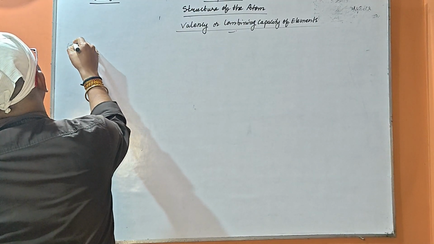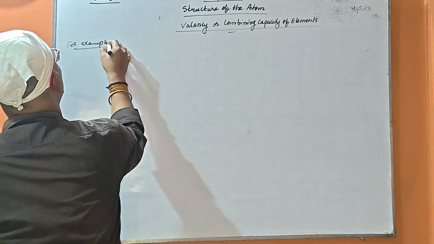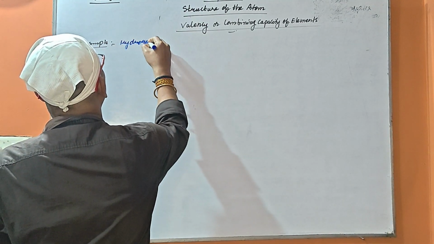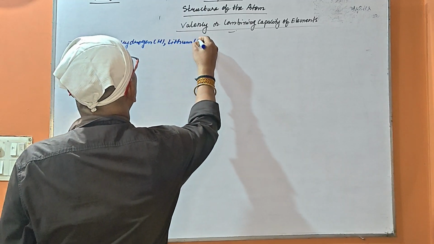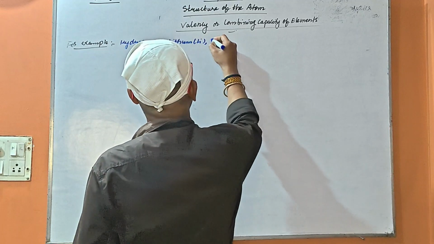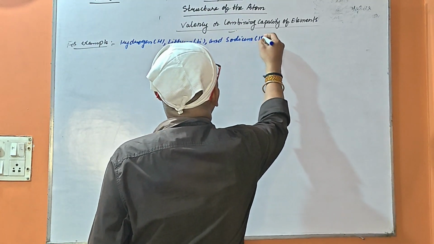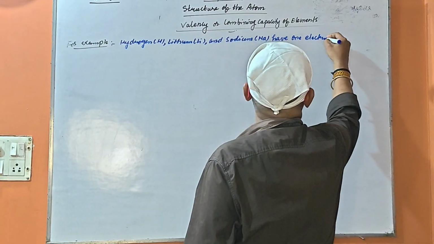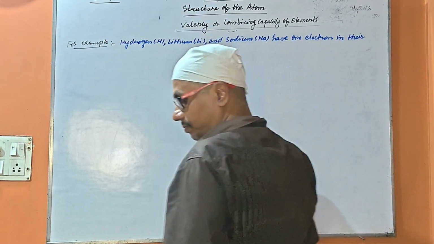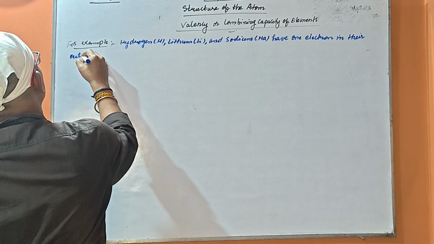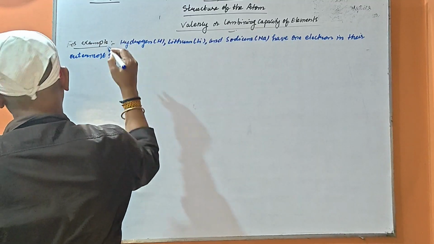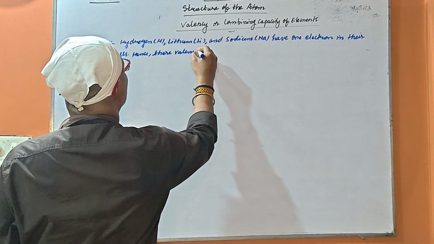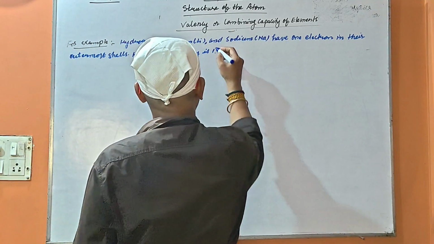For example, hydrogen, lithium, Li, and sodium, Na, have 1 electron in their outermost shell. Hence their valency is 1.